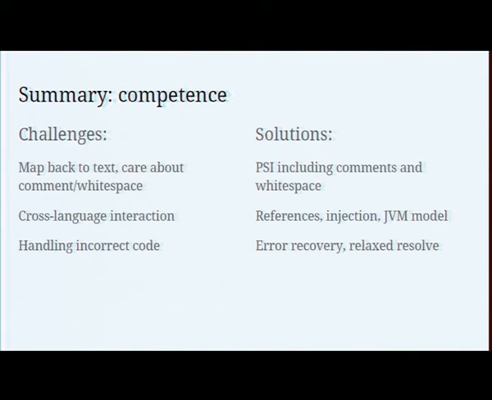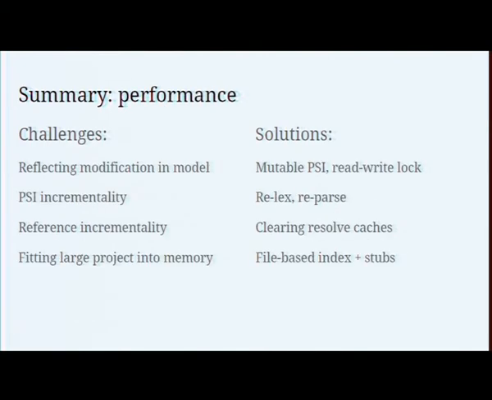And then there was the performance part, when we saw how to reflect the modification in the code model. We saw how our PSI is mutable, how we use a global read-write lock, and get user interface freezes because of that sometimes. We looked at how we update PSI incrementally by incremental reparsing and relexing.